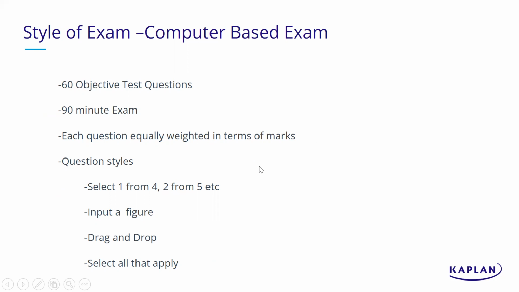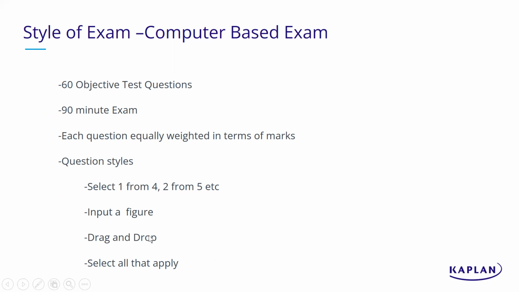So the real variety. When we think multiple choice, that's very old school, isn't it? So is it A, B, C, or D? Hopefully you can see that this is an objective test exam rather than a strict multiple choice. Yeah, real variety of question styles.